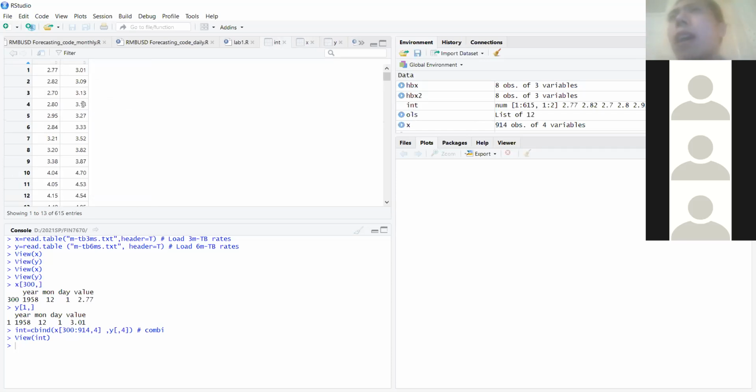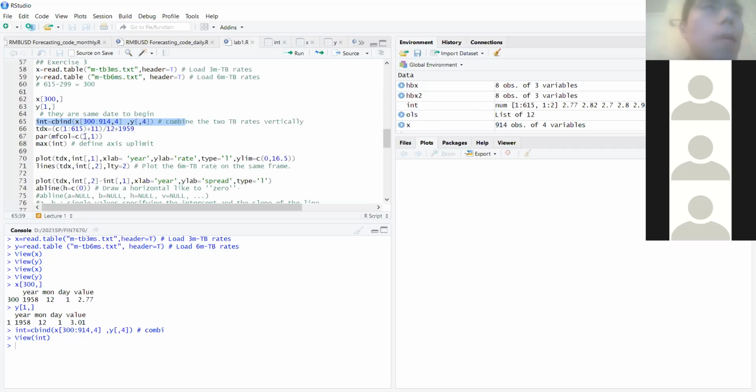It's just kind of like an array, a collection of data, say 2 columns, right? Why do we say so? Because note that the command we use is cbind. Cbind is a very flexible command which combines any 2 arrays together, right? So for example, I combine the Y data's first column, but remember in each of X and Y, the first 3 columns are year, month, day.